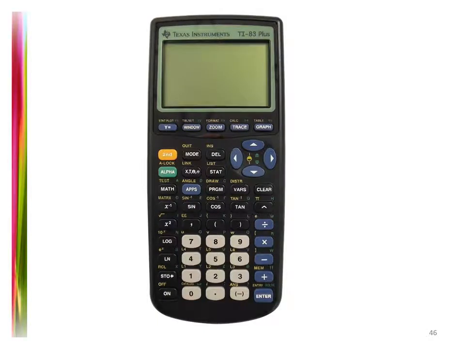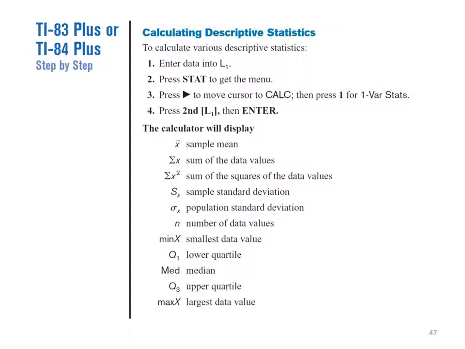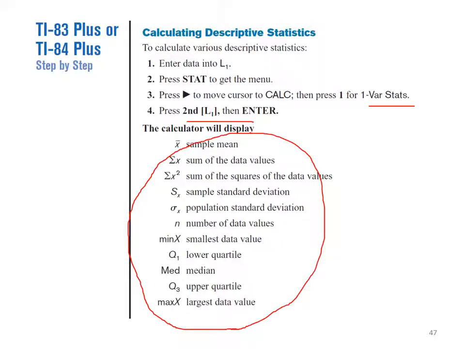You can also use your TI-83 or 84 calculator, and I have given the steps. First enter the data in the L1 column. Press the STAT menu, move to CALC, press 1-Var Stats, and press 2nd L1. Then it displays every summary statistic. Important: Sx means sample standard deviation, and sigma x means population standard deviation, which is not useful here.